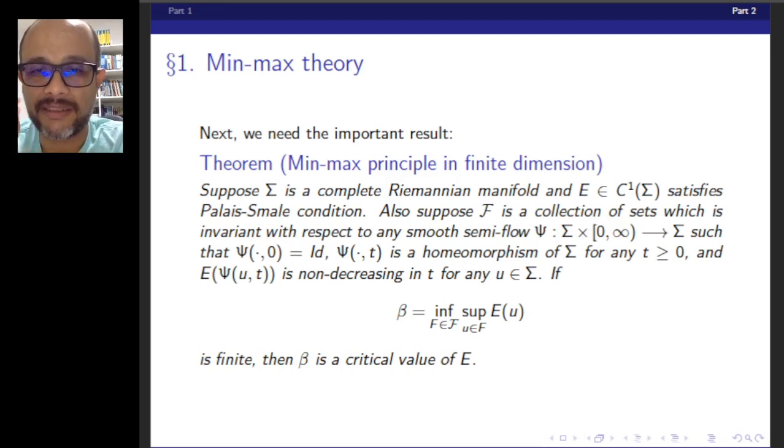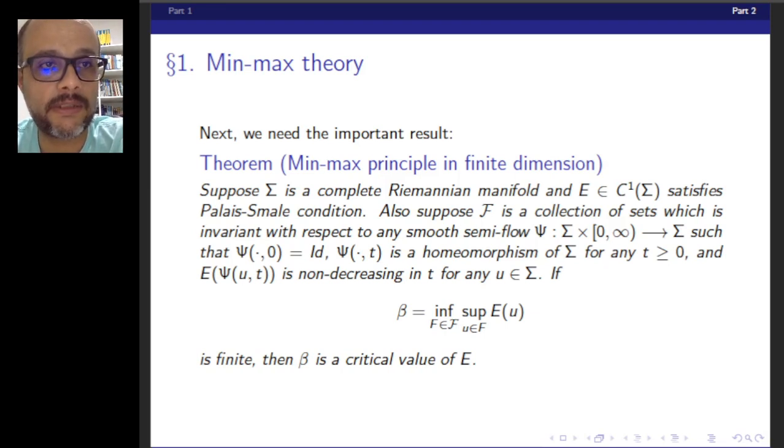That means that A applied to psi is a non-decreasing function, and apply the sets of f in F. Two more conditions on the semiflow: psi is the identity in the beginning, and psi is always a homeomorphism of sigma.